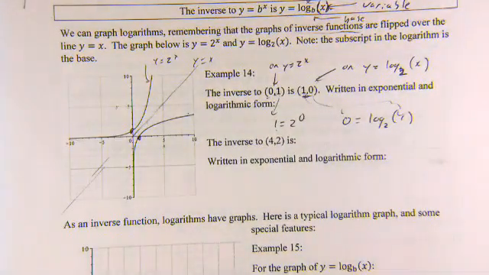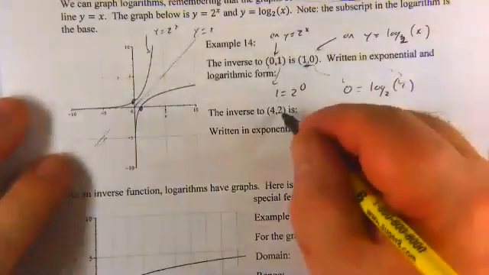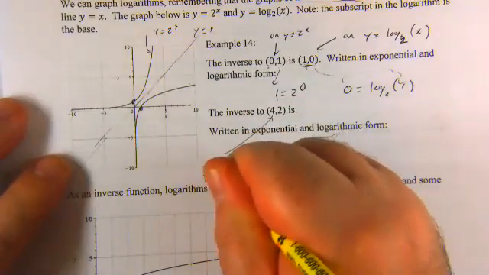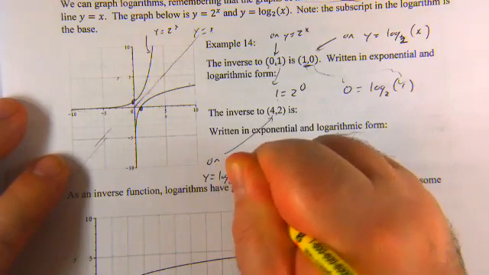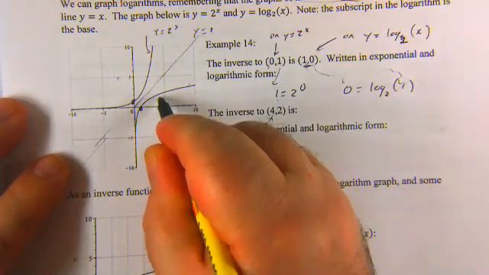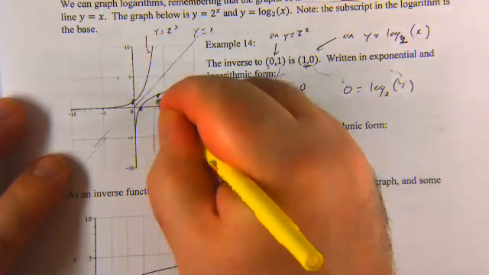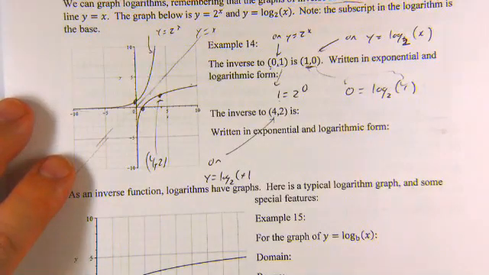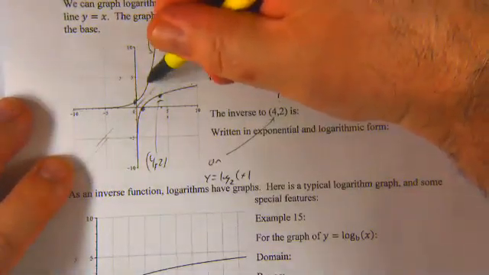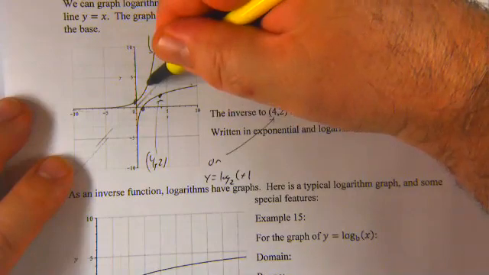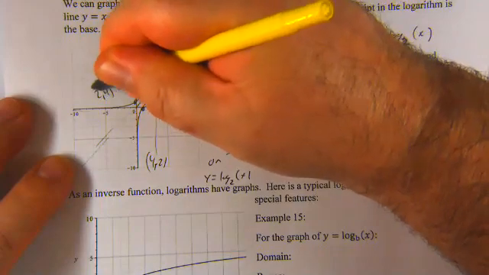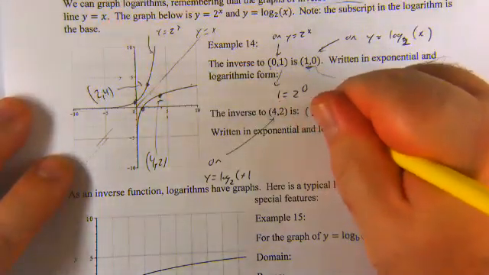So you can rewrite these points in exponential and logarithmic forms. For 2, this is on the graph of y equals log base 2 of x, because 4 is here, 2 is there. So that's the point 4, 2. What's the corresponding point on the graph of the exponential function? You flip it over this line, and you get the point 2, 4.